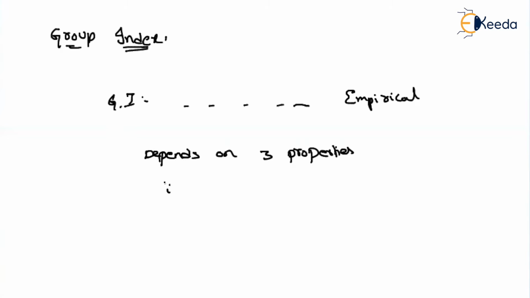So it depends upon the percentage of soil passing through the 75 micron sieve.